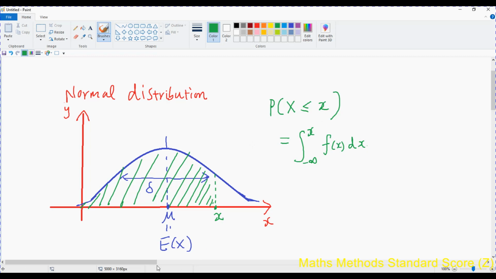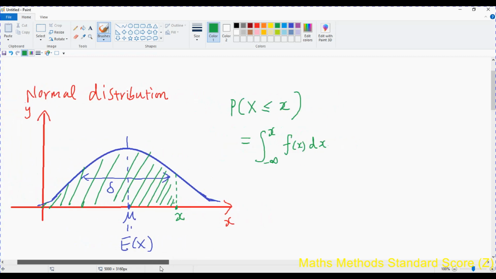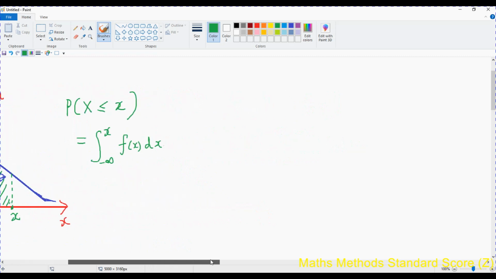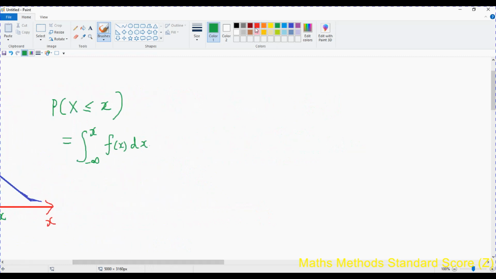But that's a normal distribution. Apart from the normal distribution, there's a standard normal distribution.